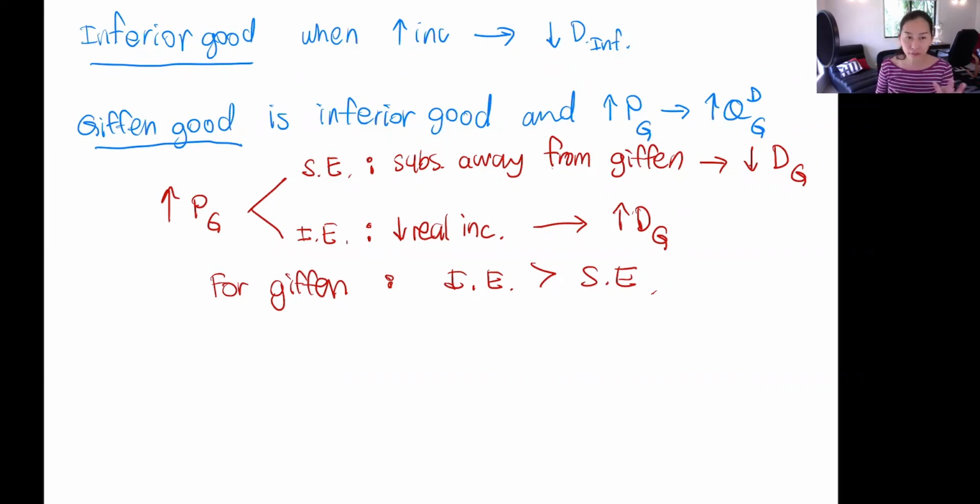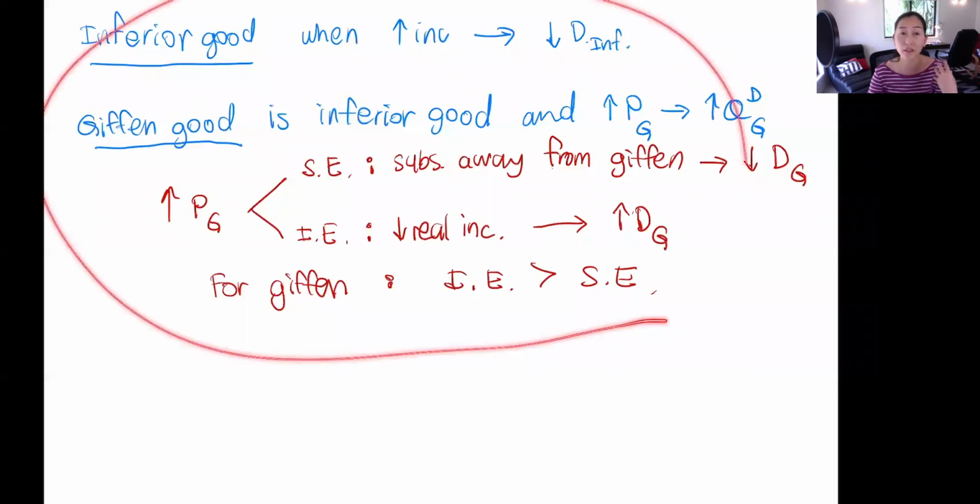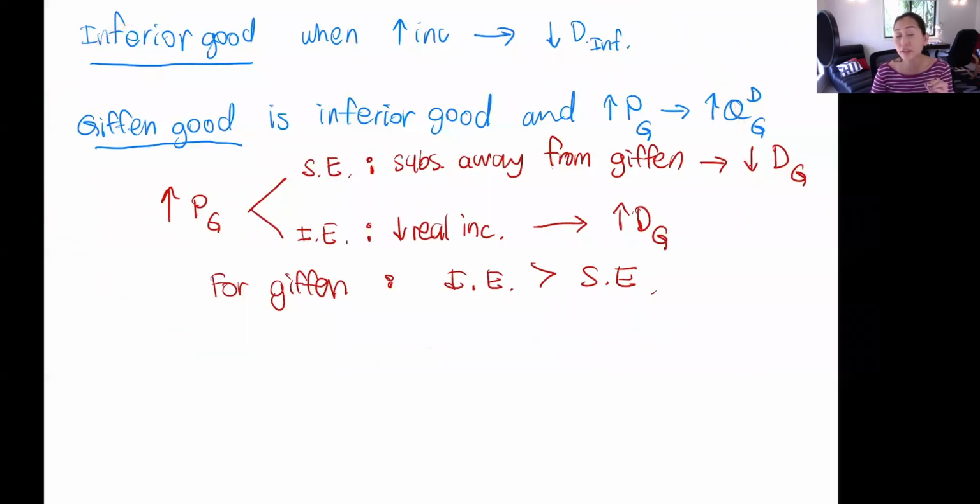So this is an output market. In the output market, we know about inferior good and Giffen good. But since this lecture 9 is about the producer side, the production function, we are now going to apply a similar idea of inferior and Giffen from the output market.